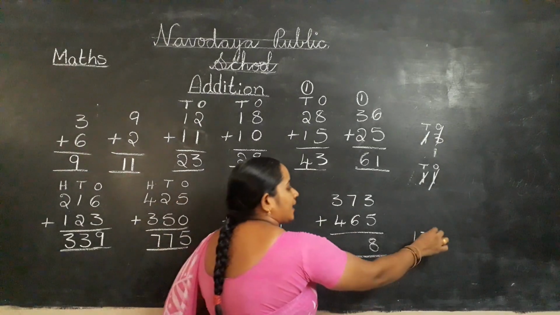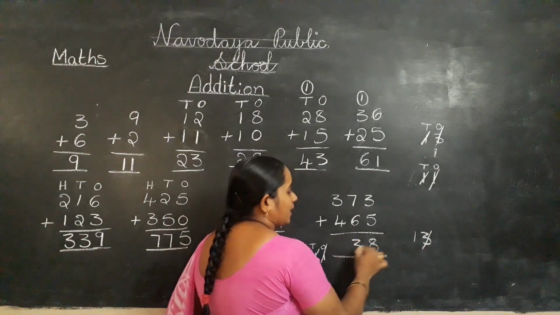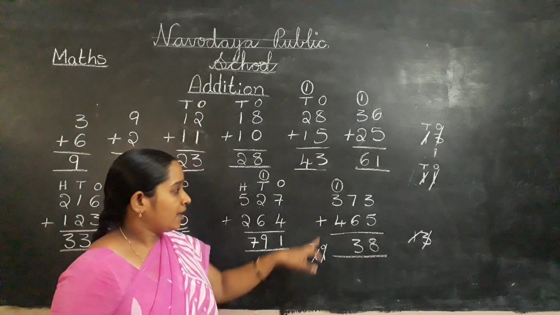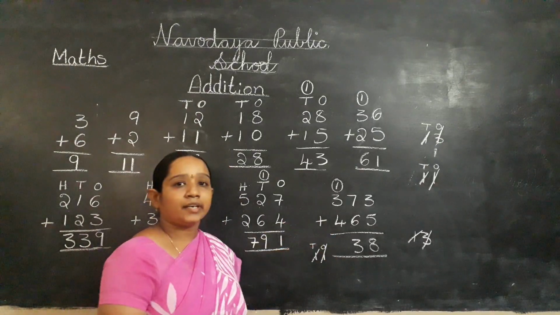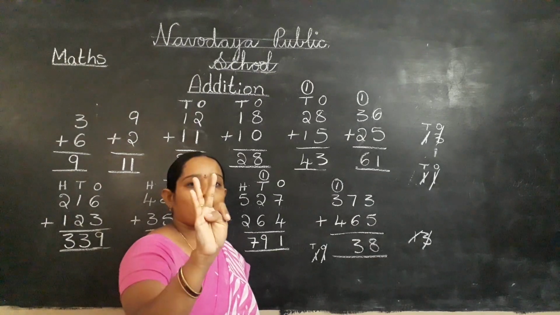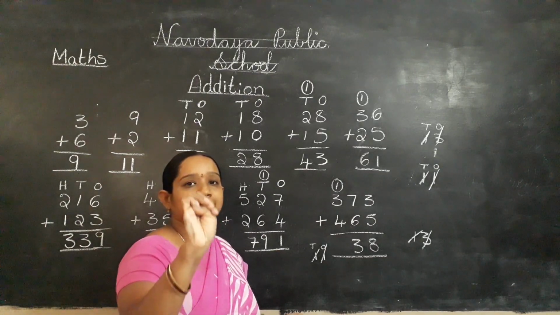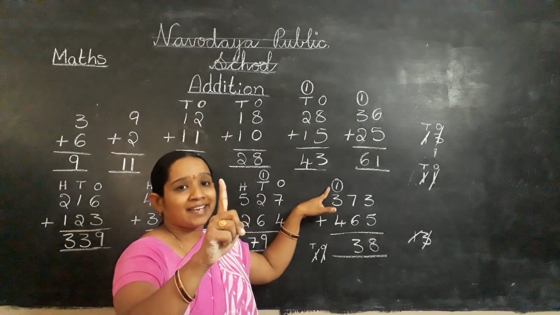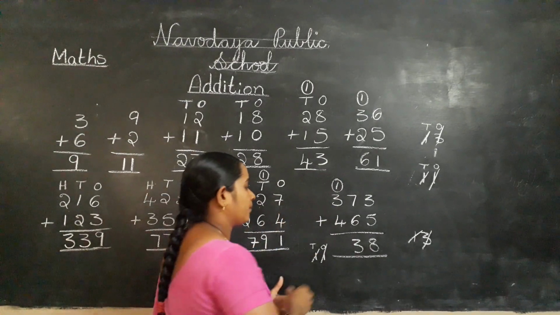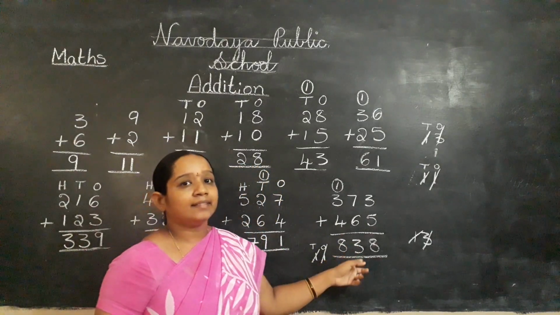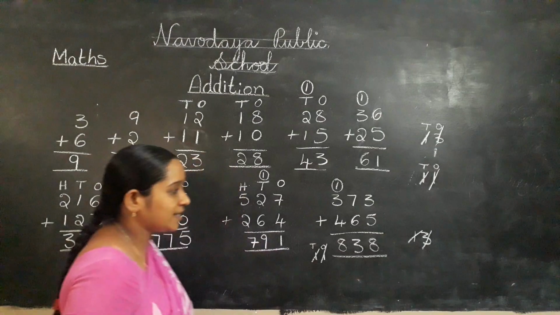That's why write the 3 in the tens place. 1 is carried forward to the hundreds place. Next, 3 plus 4. Take 4 fingers. Count 3 after: 4, 5, 6, 7, and 1 is the carry there. Now 7 after: 8. The answer is 838. Okay children?